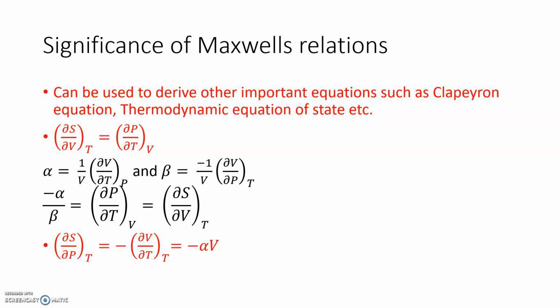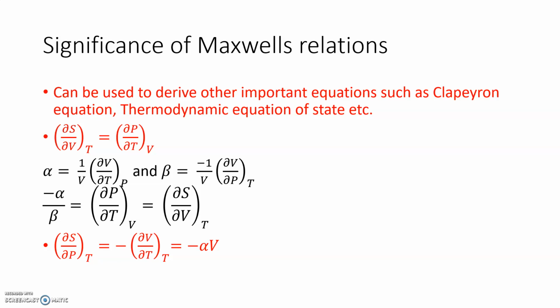The second significance is that certain quantities which are difficult to measure experimentally can be determined by making use of Maxwell's relations. For example, to find the variation of entropy with volume, we have to measure the change in entropy of a system with respect to volume at constant temperature.